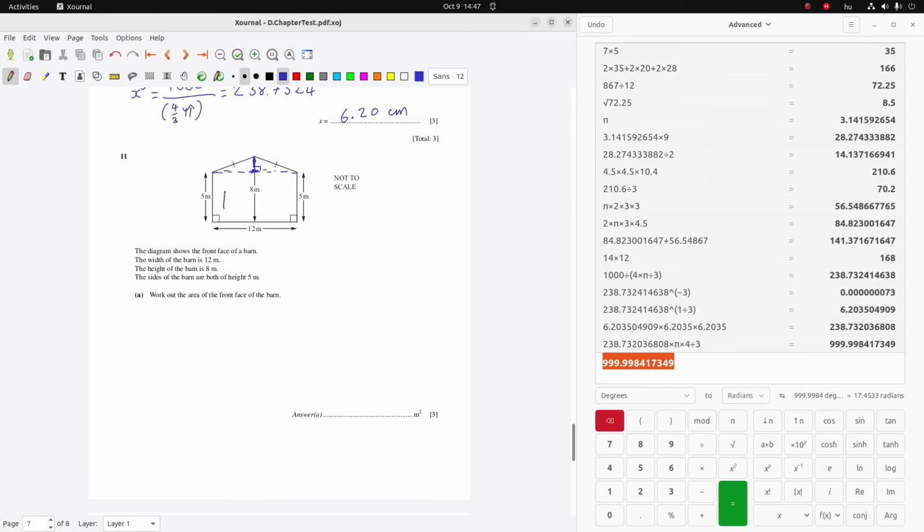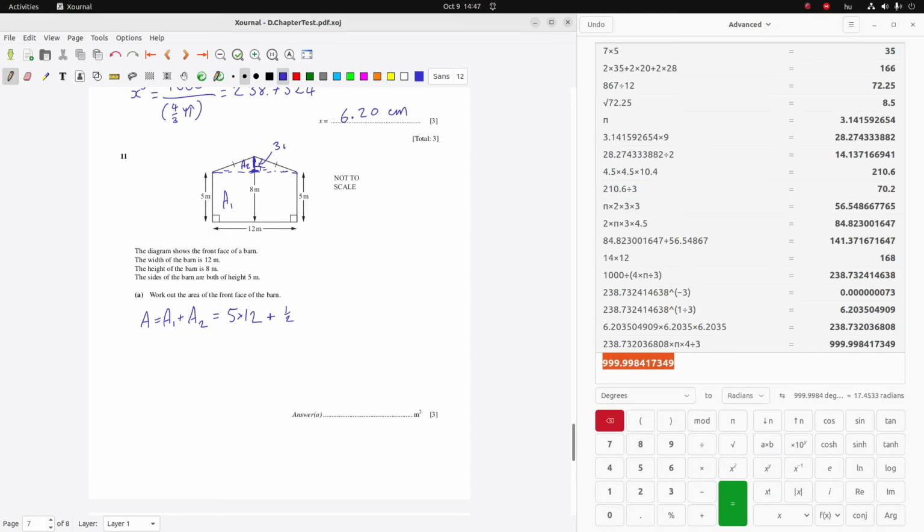We have A1 and A2. A equals A1 plus A2. A1 is easy, right? It's 5 times 12. And A2 is this triangle shape. If you remember, A2 is half of the height, which in this case is 8 all the way to the top, minus 5.